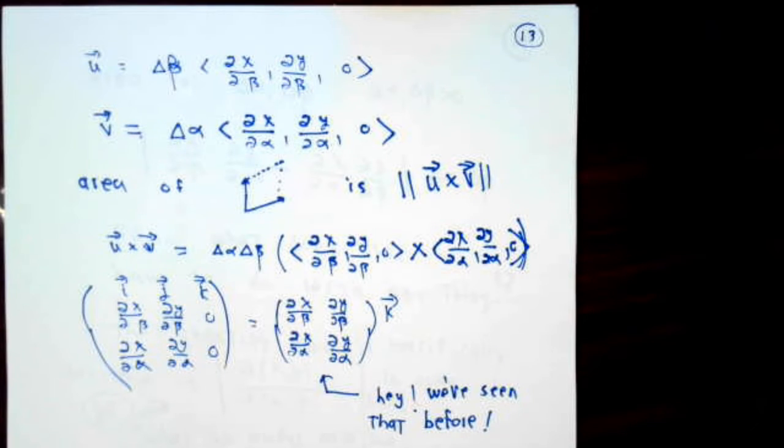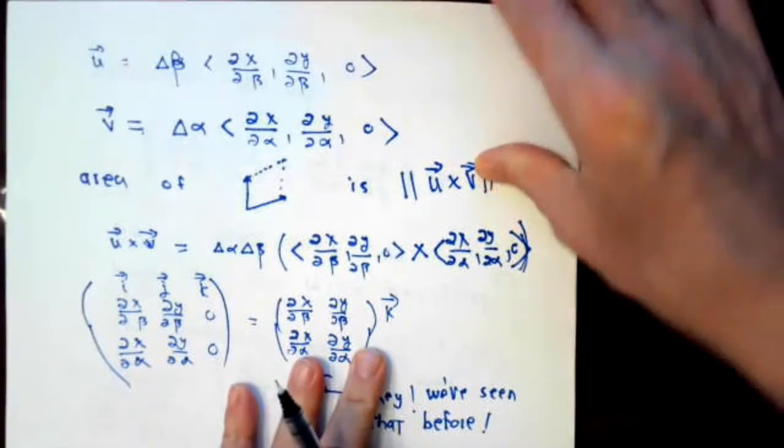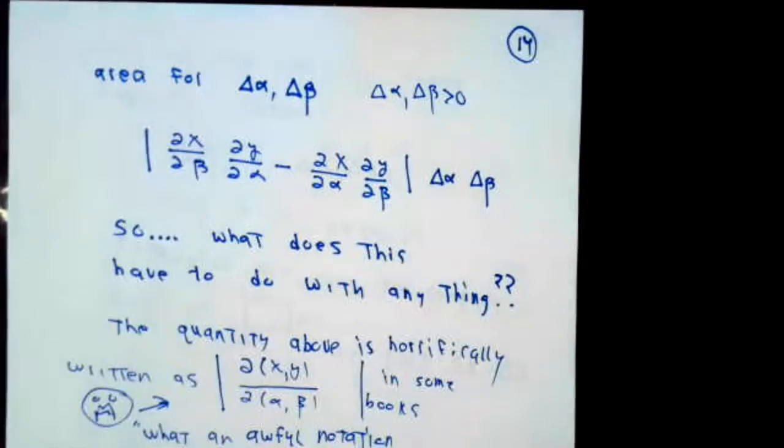And at this point, we should feel slightly uneasy because we've seen that before. If you go back and look at one of the lectures, when I went a little off topic and started talking about linear algebra, we saw something like that once before, except we're calculating areas now.